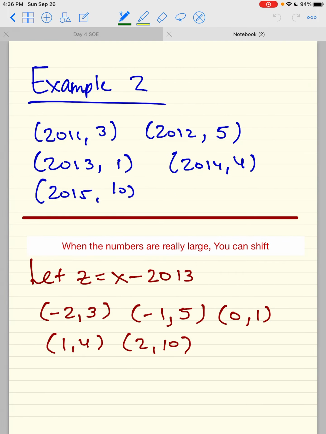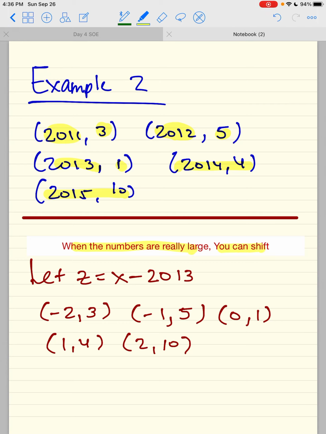One more example, and I'll do it quickly. This example that I'm using is for really large numbers. So I have something like the year 2011, comma 3, 2012, comma 5, and so on. Okay, pause the video if you need to. When the numbers are really large, you can shift them.